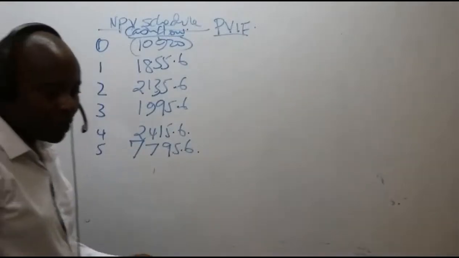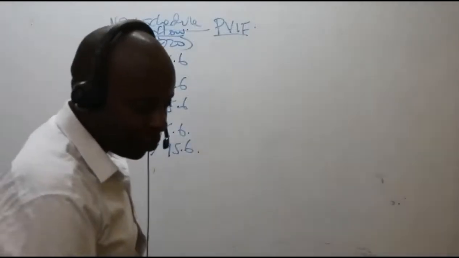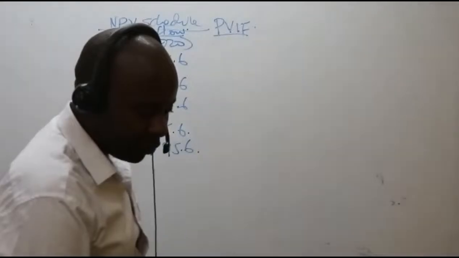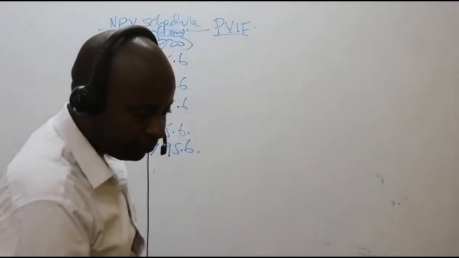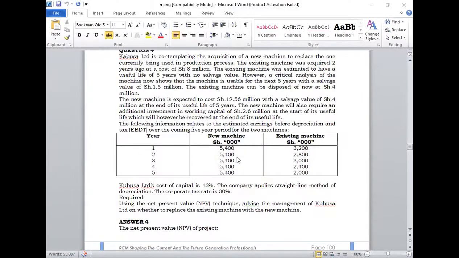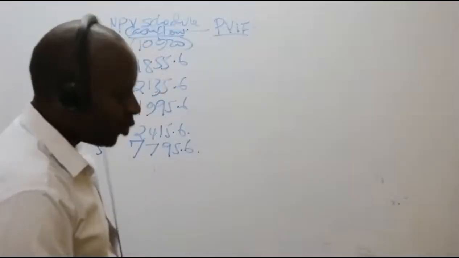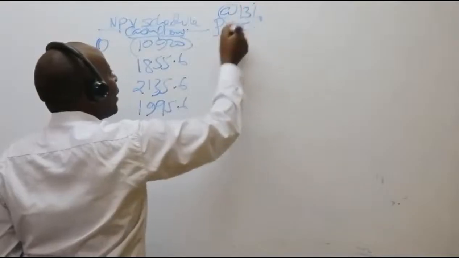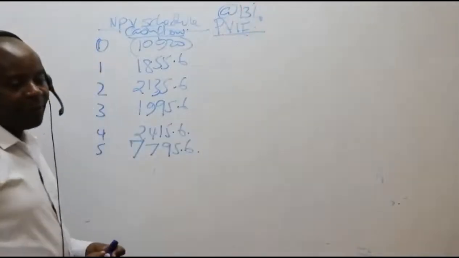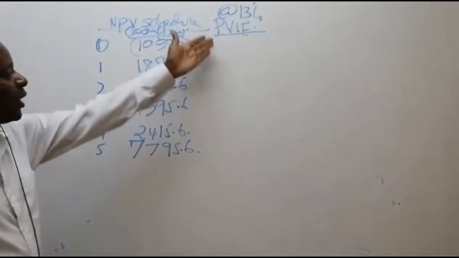The cost of capital is 13%. Is there anybody who has a table that has that 13%, the lump sum table? Could you kindly read these figures for us?